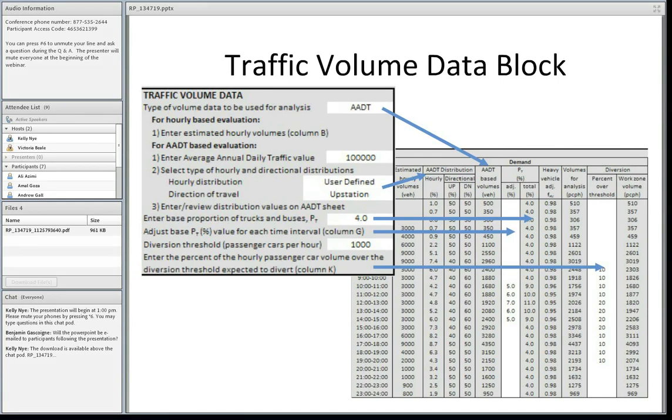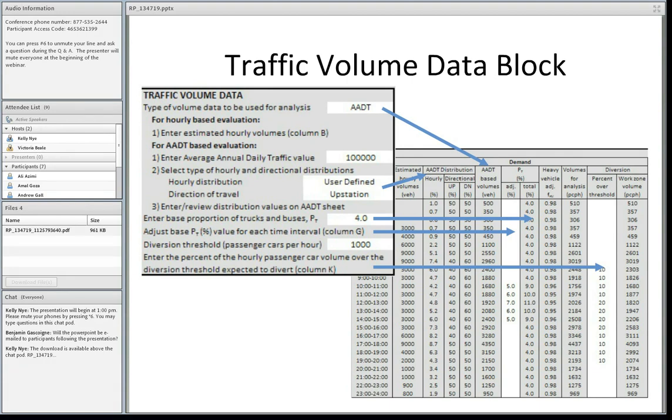Once those ADT value, hourly distribution, and direction of travel are defined, then as you can see, all the grayed out columns for estimated hourly volumes and ADT information are gone, because those are automatically populated based on the ADT value that's entered and the distribution.